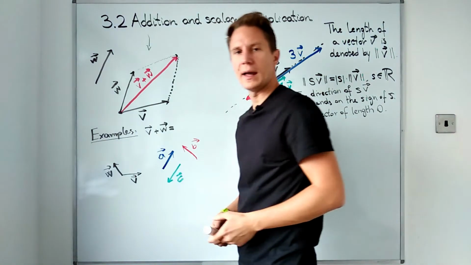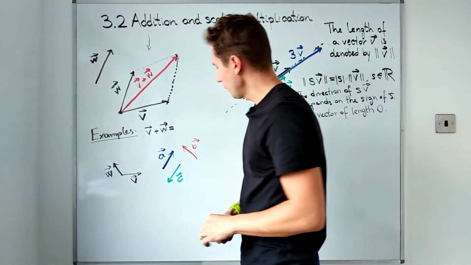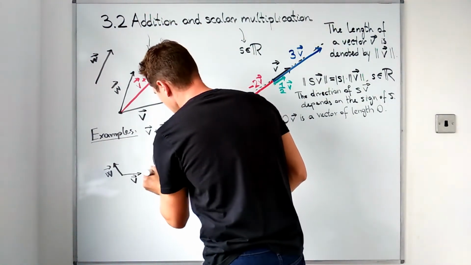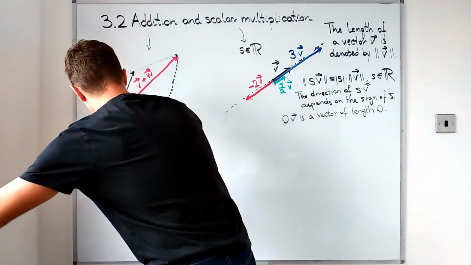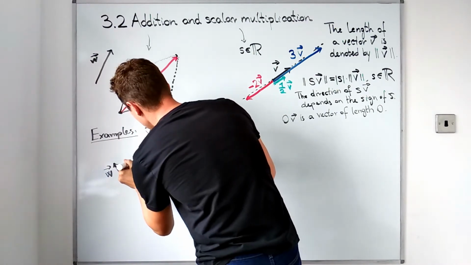Pause the video and select your answer below. I hope you paused it and have selected option A, because if you look at this vector and shift it parallel to itself, it ends up in here someplace.